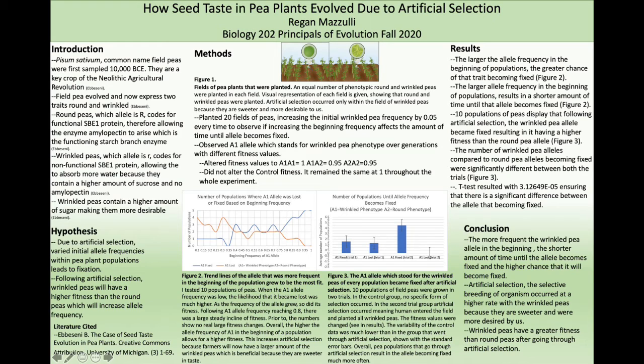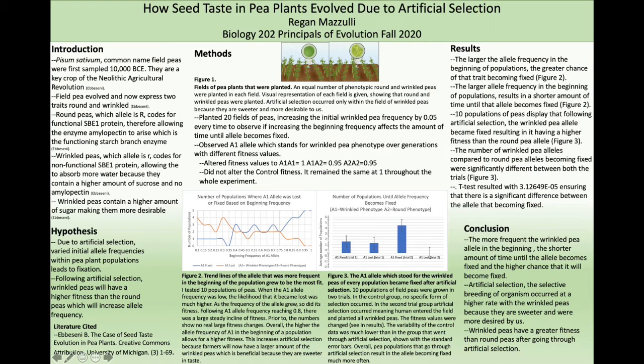So moving over to our results section as well, we have found that the larger the allele frequency in the beginning of a population results in the greater chance of that trait becoming fixed. It also results in a shorter amount of time until that allele becomes fixed. And that can be shown, like I said, in figure 2.